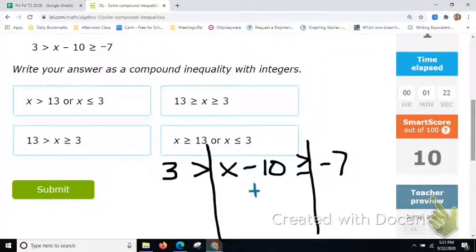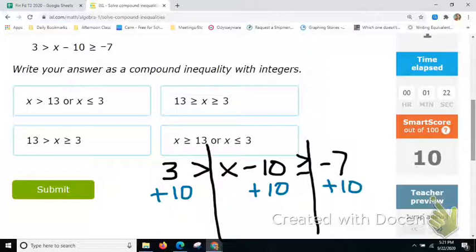So to do that, I need to add 10. To maintain the same relationship, I also have to add 10 here and over here, because really this is one and this is another, and we're just doing them both at the same time.